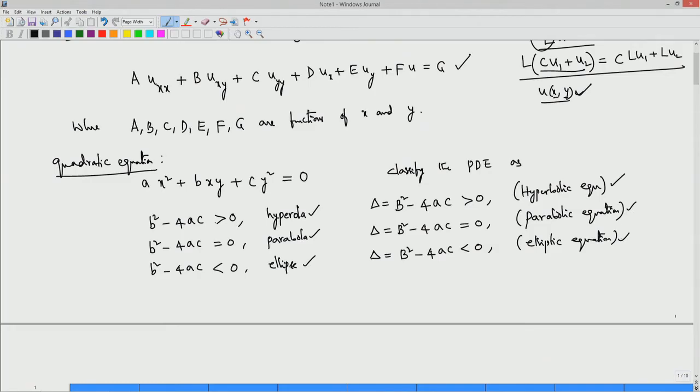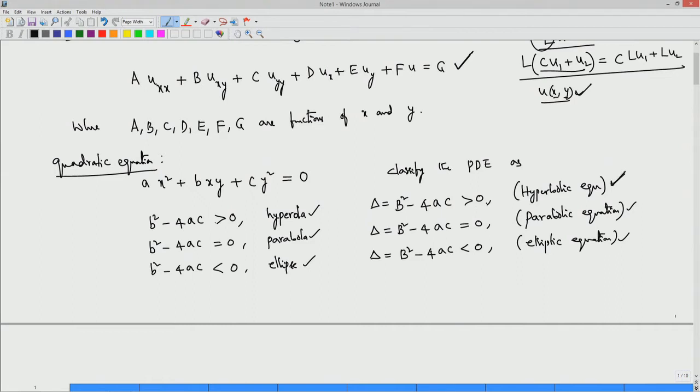So, that is what we see, how to get them. We classify such an equation. We try to classify this second order general equation into one of these three types. If the discriminant is positive, it is a hyperbolic equation.